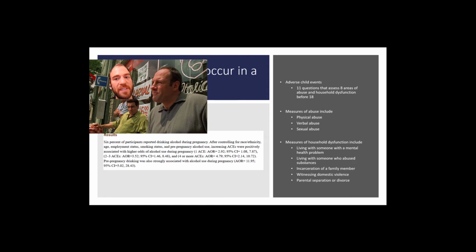So let's think back to chapter 1 here. We have a positive correlation between ACEs: the more ACEs go up, that is events that happen to a mother prior to becoming pregnant, this lifelong adverse childhood experience, the higher the odds of alcohol use during pregnancy. And there are a lot of examples from ACE studies like this.